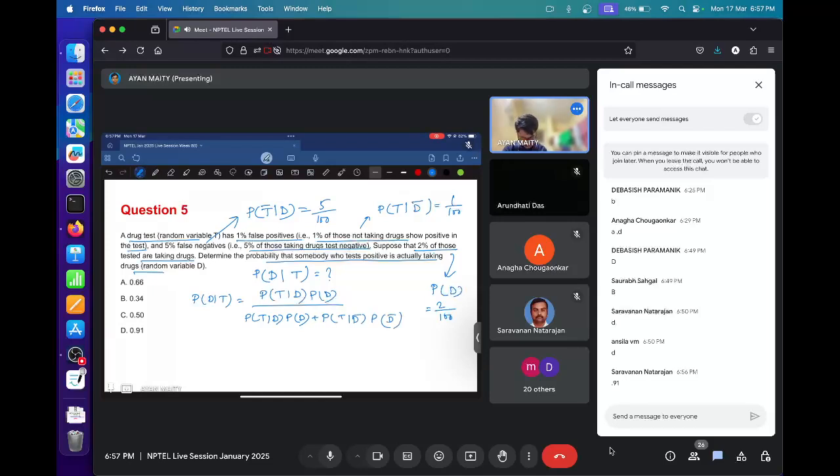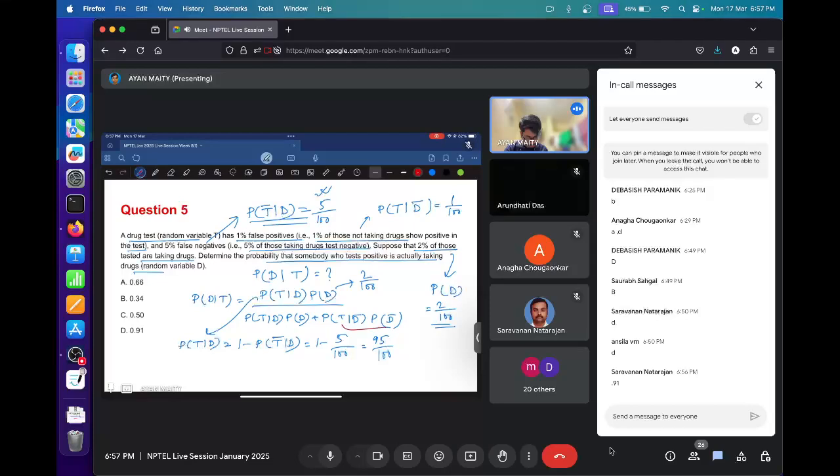So first, this probability of T given D we have to compute. T complement given D is given here, 5 by 100. So that is simply 1 minus probability of T complement given D. So it will become 1 minus 5 by 100, which is 95 by 100. P of D is given here, 2%.